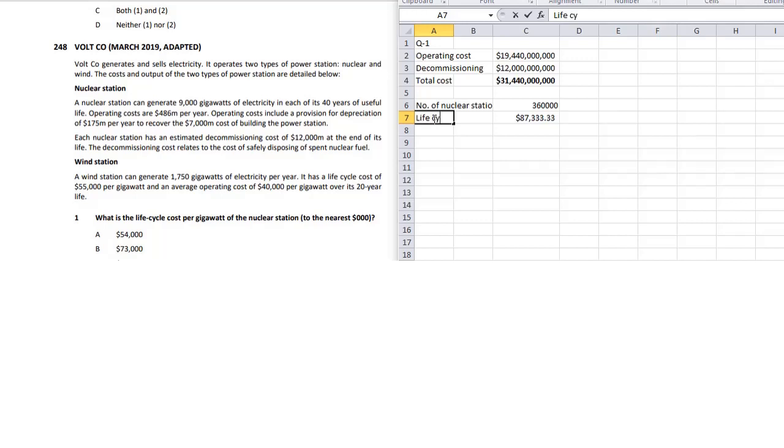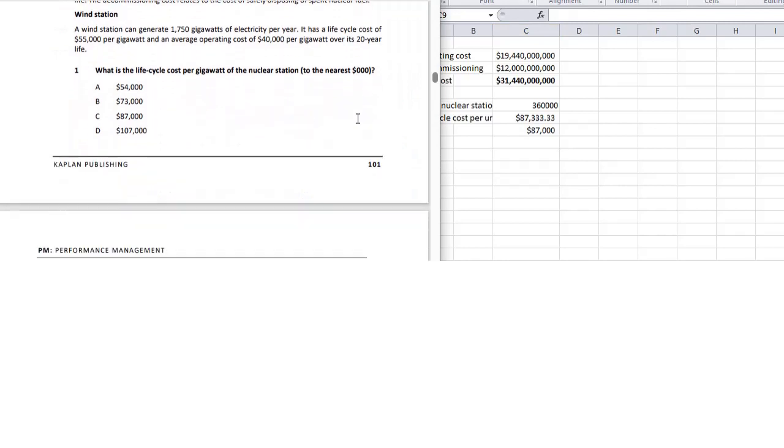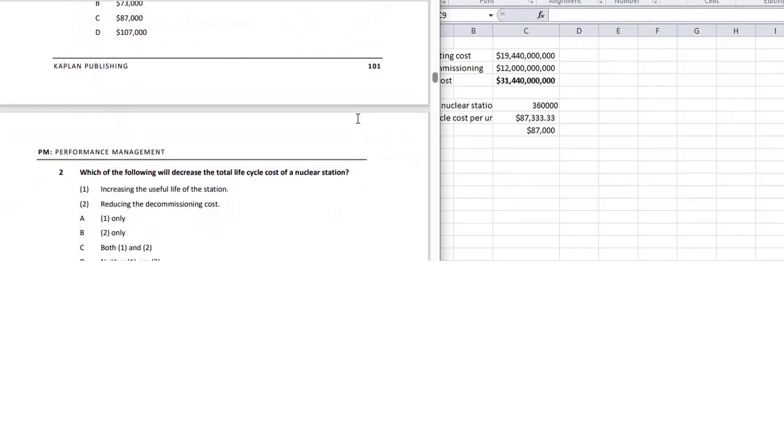The question is asking to the nearest thousand, so we write down 87,000.